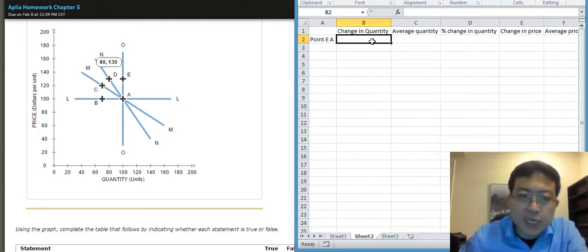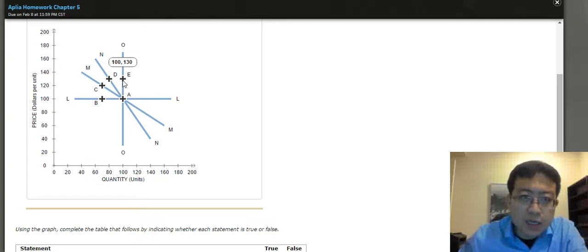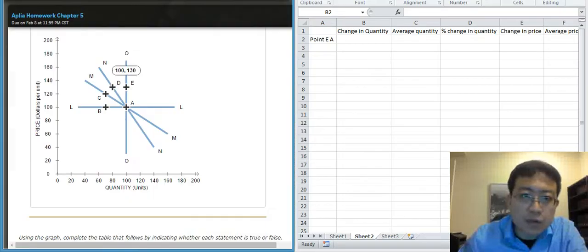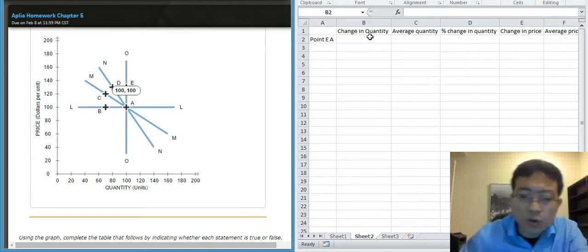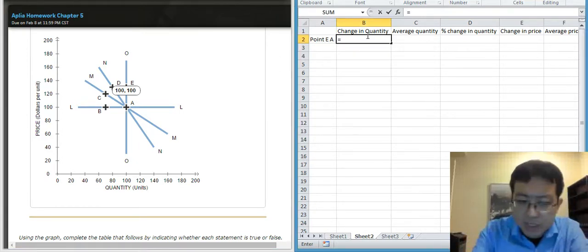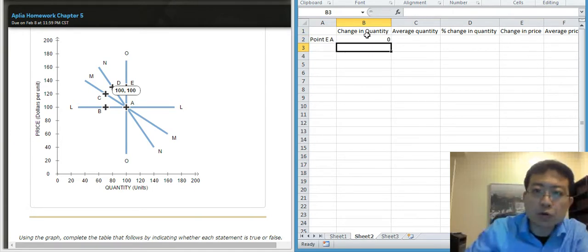Okay, so at point E, let me do side by side. For point E, our quantity is 100. Our point A quantity is also 100. So the change in quantity, now we know it's 0, but let's type everything out. So equal to 100 minus 100, which gives you 0.